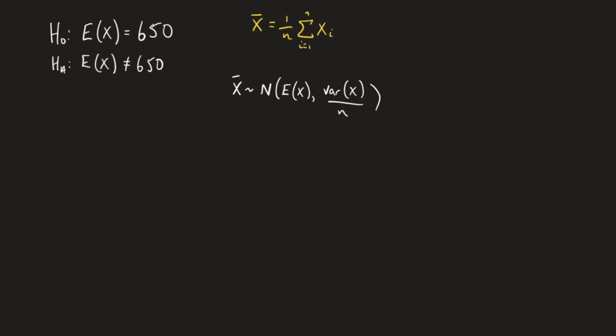So in principle, if we know the variance of x itself, we can standardize our test statistic to be normally distributed with expectation 0 and variance 1.